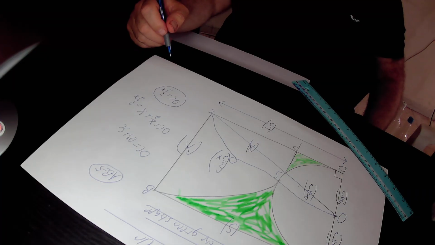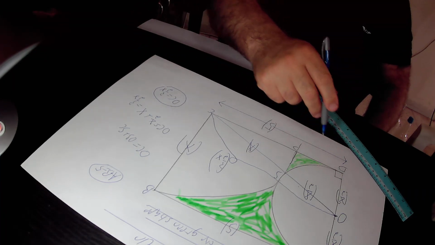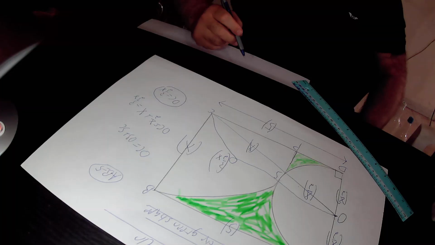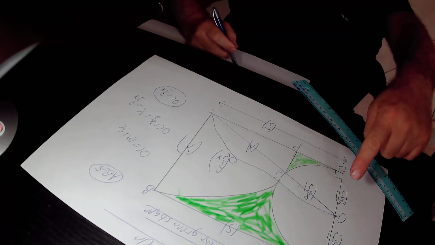In the next step, I'll copy the right triangle ODC onto a new page, and we'll implement the Pythagorean theorem on this right triangle ODC.